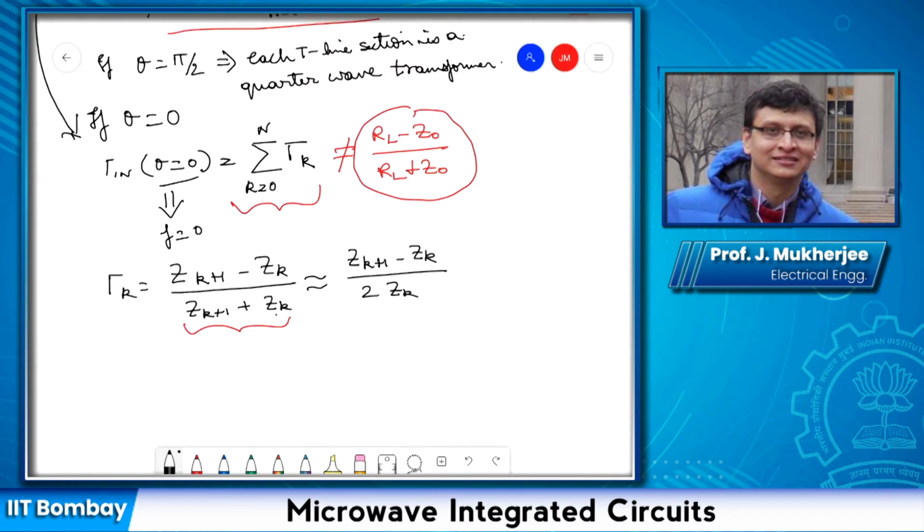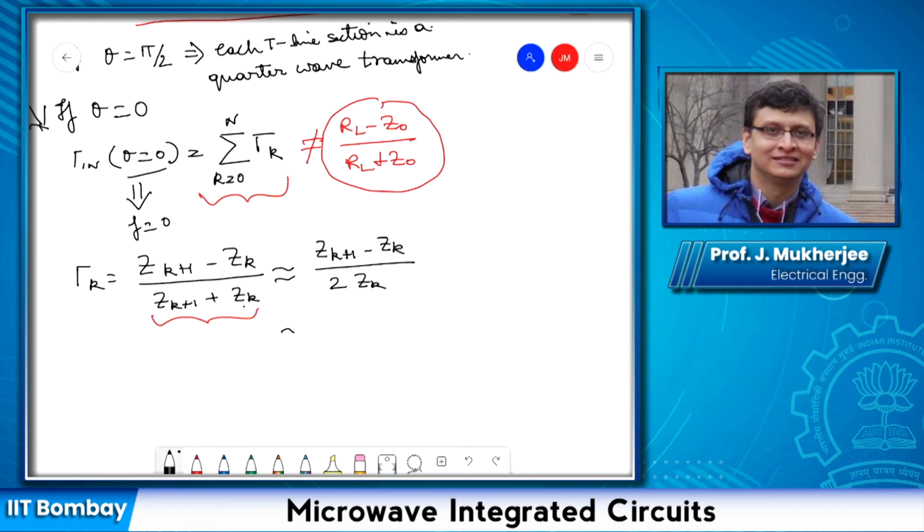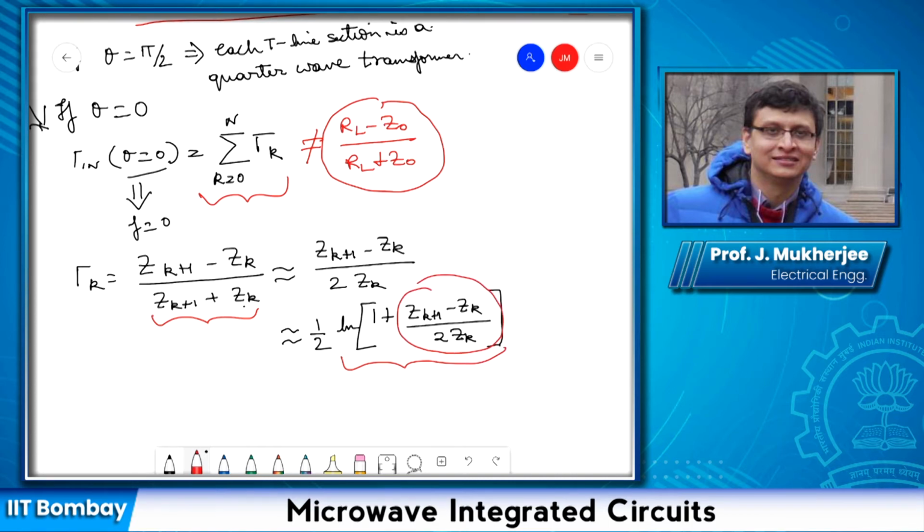Now this further can be approximated by another mathematical operation, that this is equal to ln 1 plus this. So what we did here is, if we expand this logarithmic series and take only the first term, then that will be equal to this term.